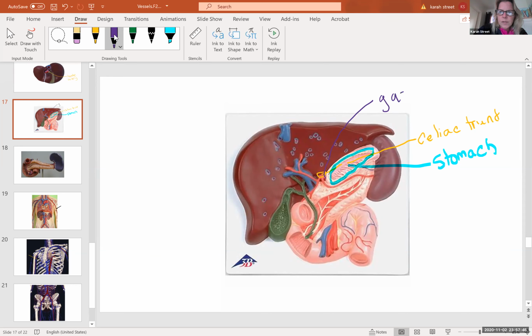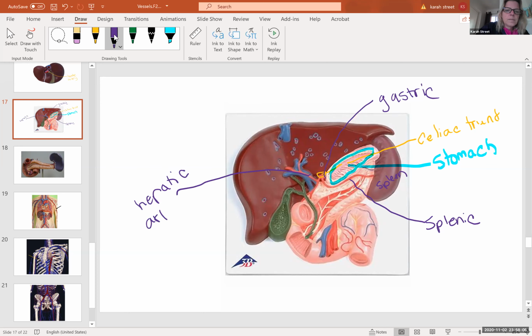So that would be the gastric. And then this one going to the spleen. So here's the spleen, not the kidney. That's the splenic artery. And then this one going into the liver, of course, is the hepatic. And then down here, we can see the superior mesenteric artery.